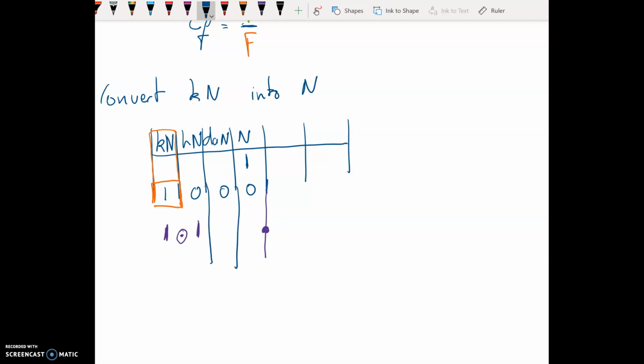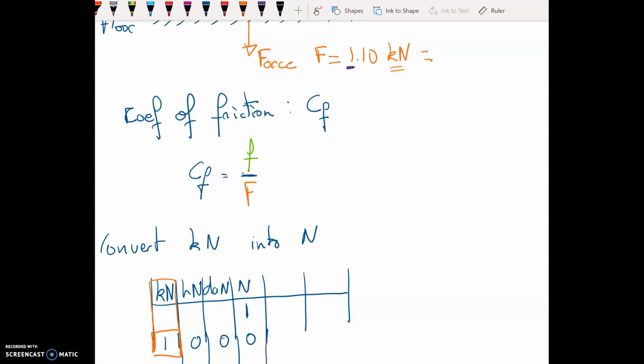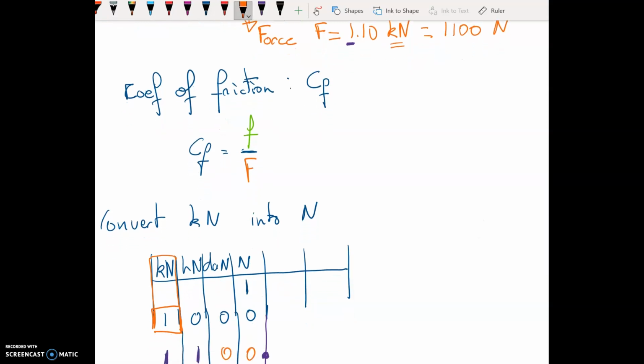Now that I move my dot, the only thing I still have to do is fill up with 0 up to the point I will be on my column of newton. And I can clearly say that the force F is equal to 1,100 newton.